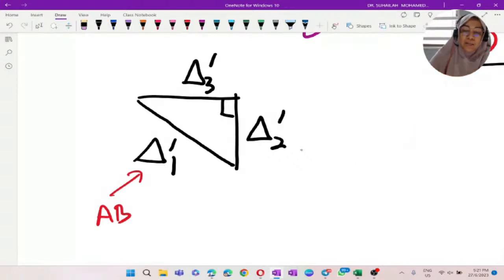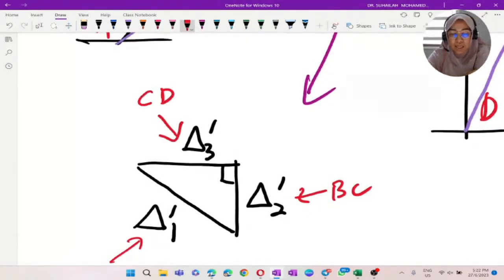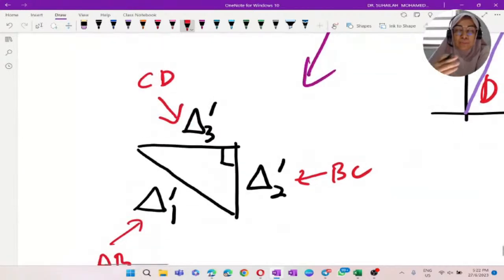Okay, this one belongs to BC. It is vertical because the beam is horizontal, and delta 3 is for CD, because column CD is vertical and the displacement is perpendicular, delta 3.